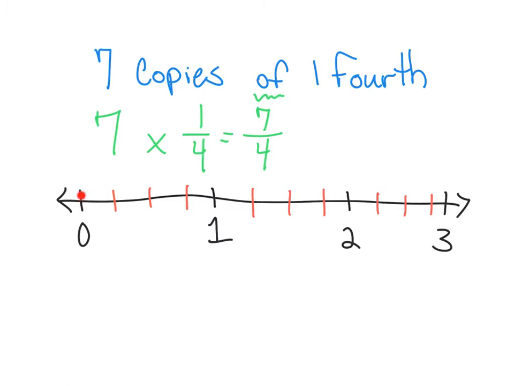Don't count 0. 1/4, 2/4, 3/4, 4/4, whole, 5/4, 6/4, 7/4. So 7/4 is right before the 2. It's not actually on the 2, so it's before the next whole. So this represents 7/4 right there on the number line.